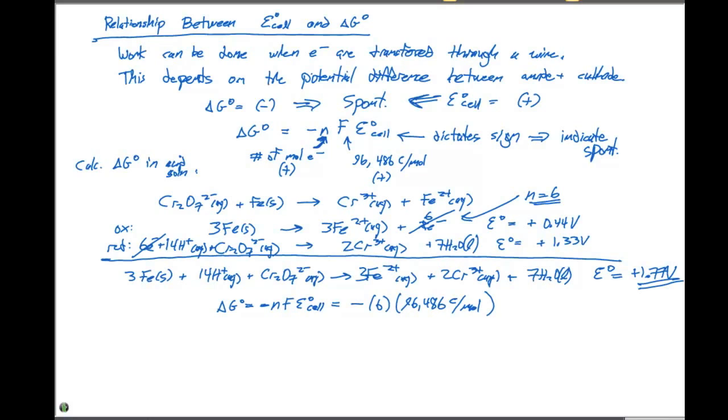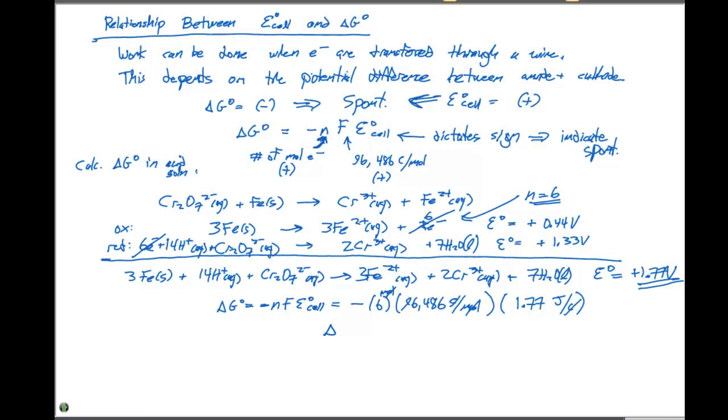And I guess we should say that this is 6 moles of electrons being transferred. And then this is multiplied by positive 1.77 volts. Remember that a volt is in units of joules per coulomb. So our moles cancel out, our coulombs cancel out, and we're left with joules.